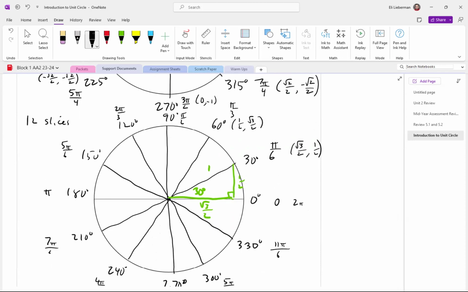Okay, before we continue, are we good with that? Same triangle, just instead of lying down, standing up. Okay, keep on going. They're both positive there? Okay.